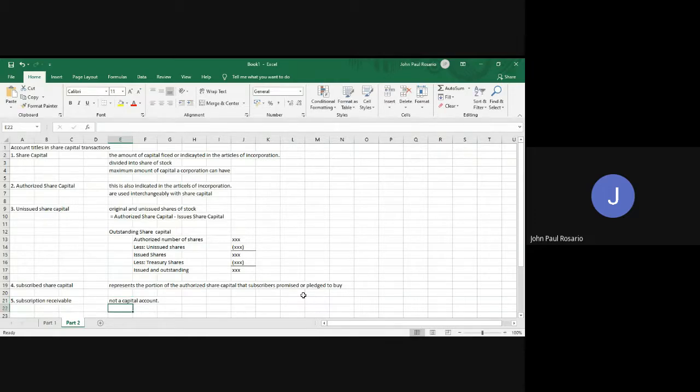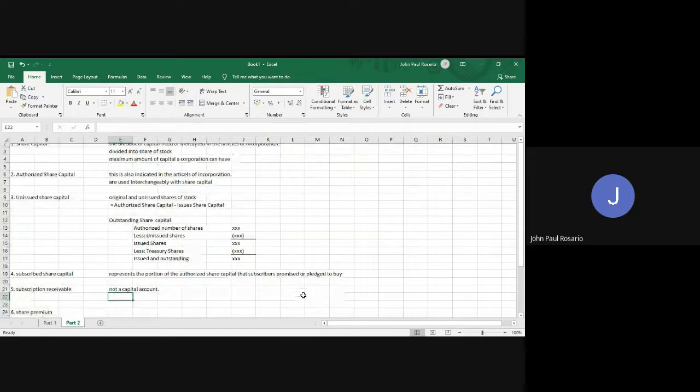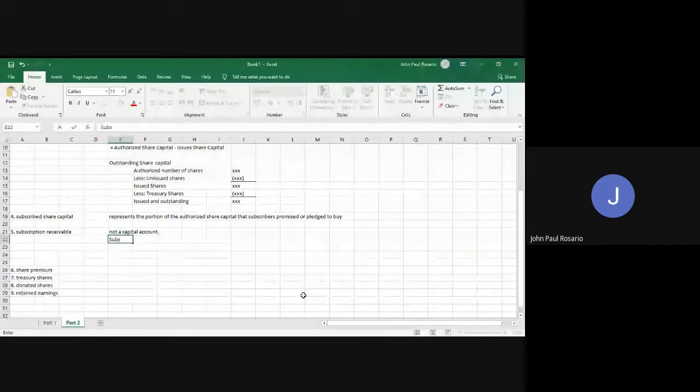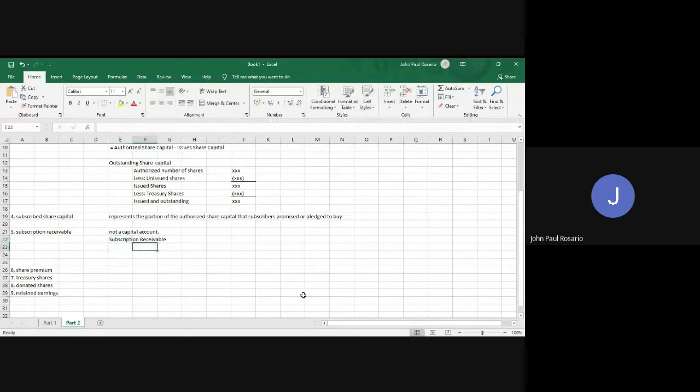So if they subscribe and have not paid yet, your pro forma entry for this would be to debit subscription receivable, and then credit subscribed share capital, and then if there is an excess, it goes to share premium. Okay, so debit and then credit. We'll discuss further later on the possible scenarios for share premium.